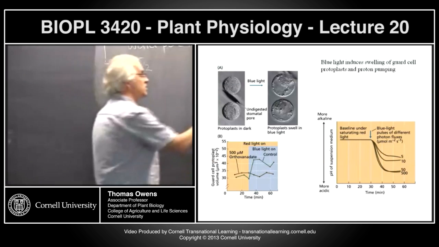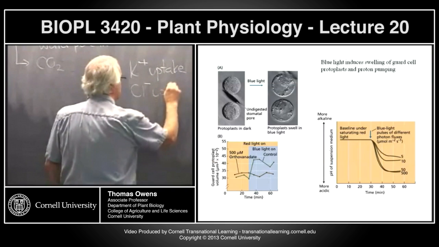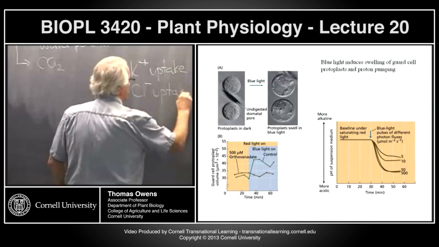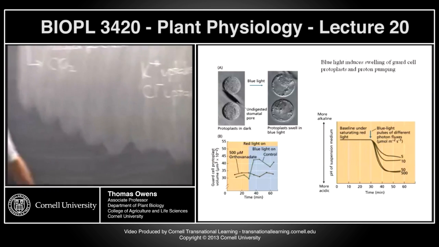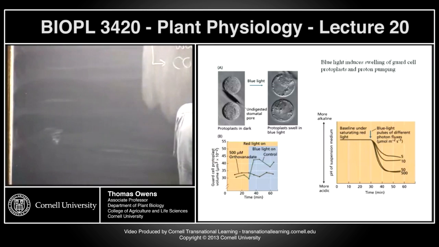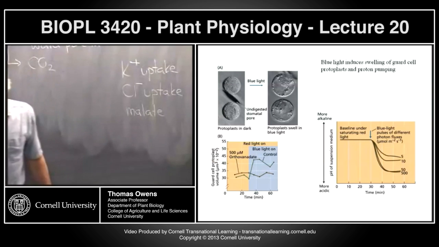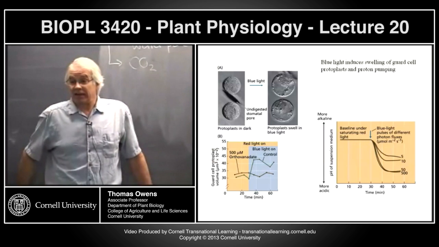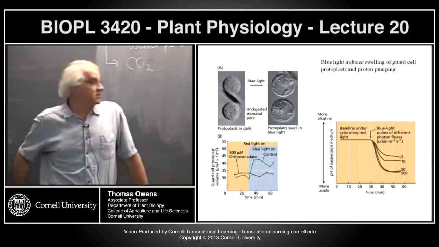And so there's two other ions that contribute to the counterbalance. There's uptake of chloride. So at the same time the cell is taking up potassium, it's also taking up chloride. But the other thing that happens is it accumulates malate. Malate is the anion of malic acid. We talked about malate when we talked about C4 photosynthesis.